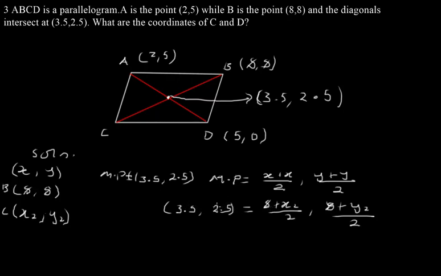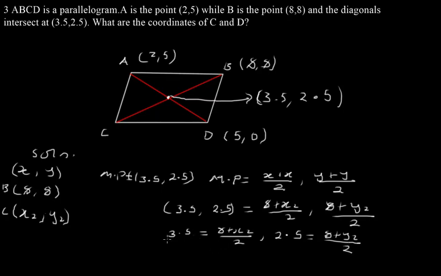This corresponds with that, and that corresponds with the other one there. So we have 3.5 equals (8 plus x2) over 2, 2.5 equals (8 plus y2) over 2.